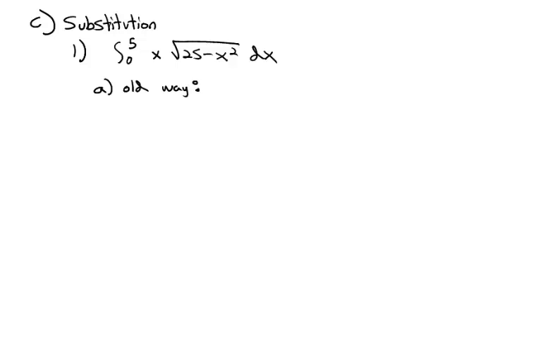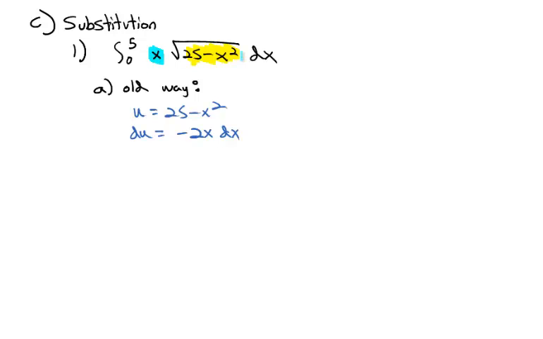Now, the old way starts off with u equal to the ugly stuff. So we're going to make u equal 25 minus x squared. Du then is the derivative of that, negative 2x dx.